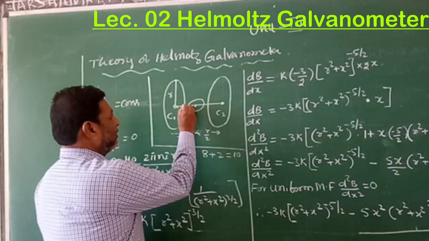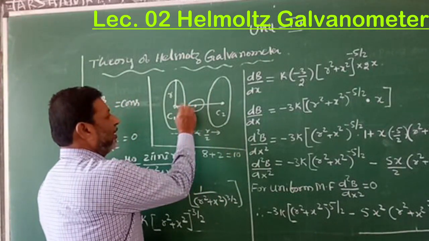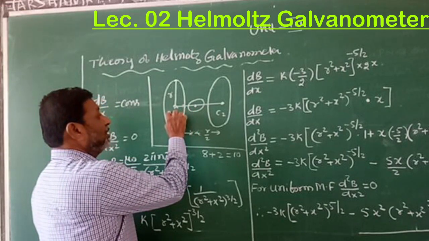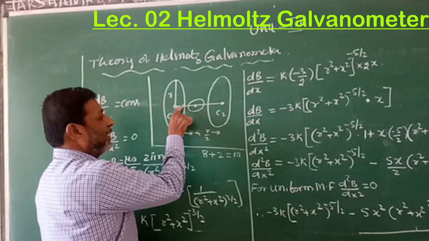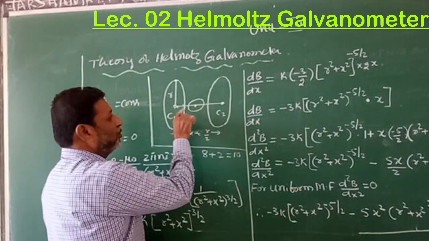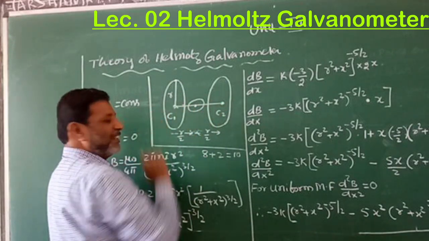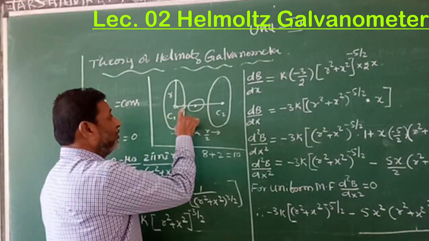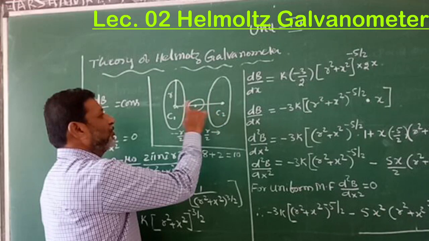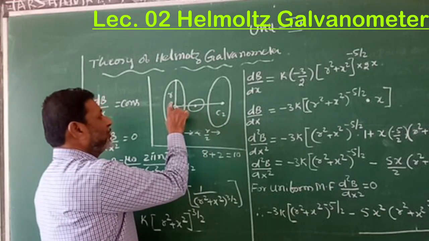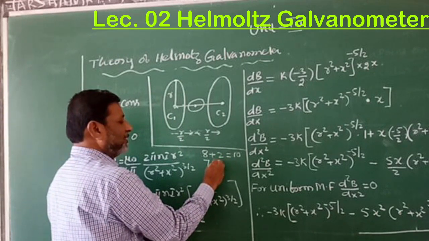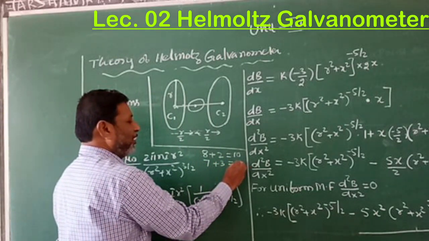Are you following? Next, when you come here, you are moving away from C1, so the distance increases and the field due to C1 decreases, whereas it has come nearer to C2, so the field due to C2 increases. Here, field due to C1 decreases to 7 and field due to C2 increases to 3, again equal to 10.